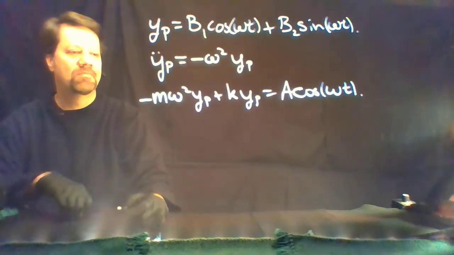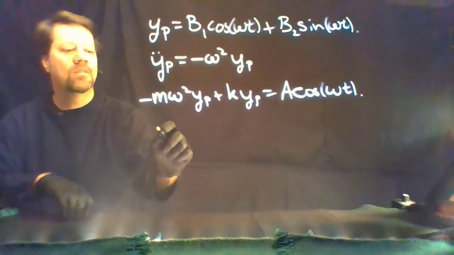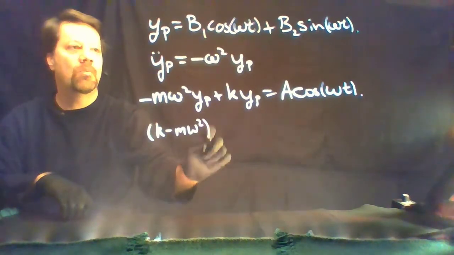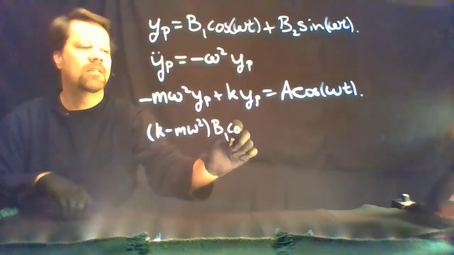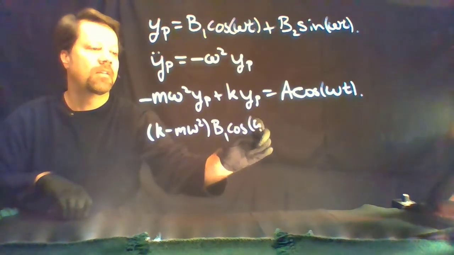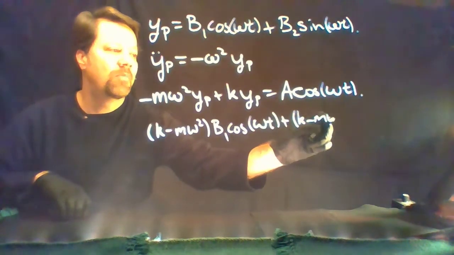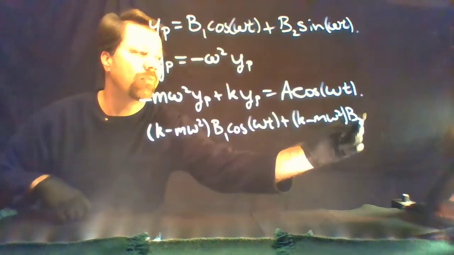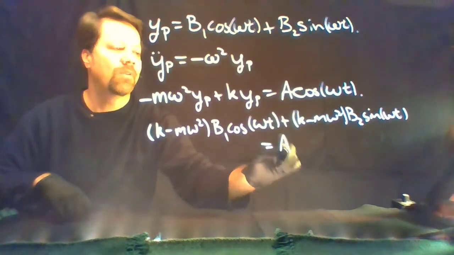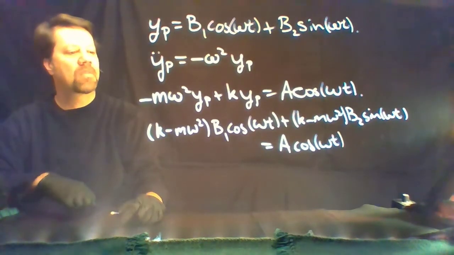So on the next line, keeping in mind that this is what yp is, we'll have (k minus m omega squared) B1 cosine omega t plus (k minus m omega squared) B2 sine omega t still equal to A cosine omega t.